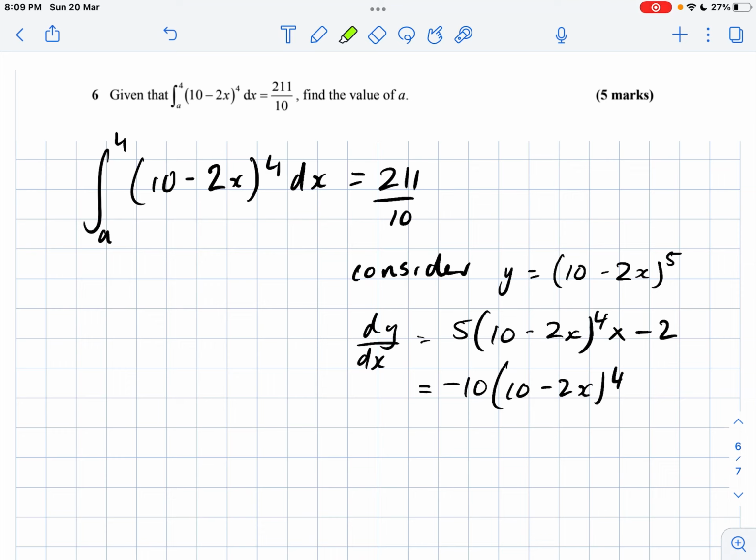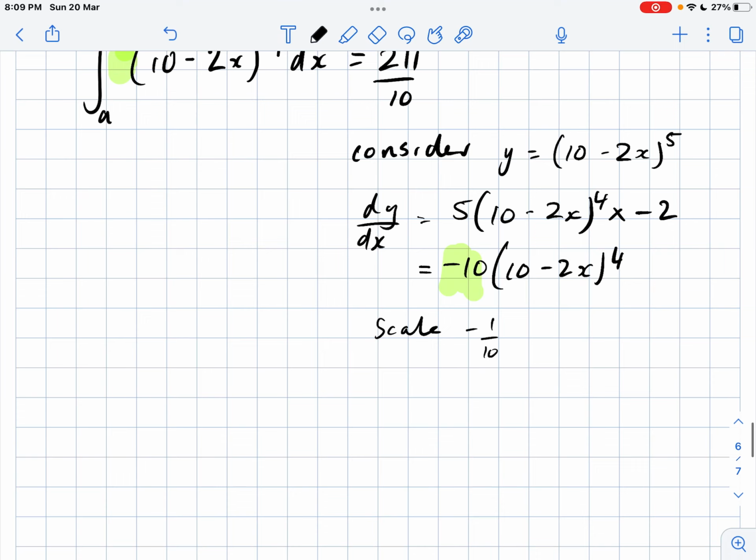Now we can see that this is minus 10 times too big than what I had here. So I need to scale by minus a tenth.